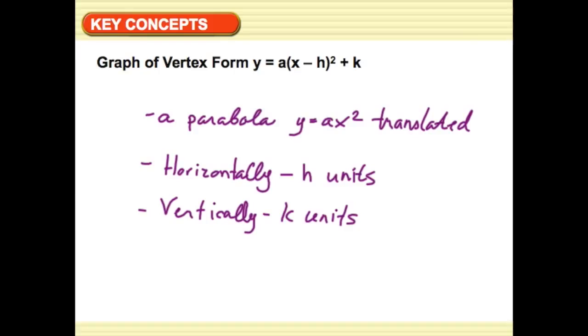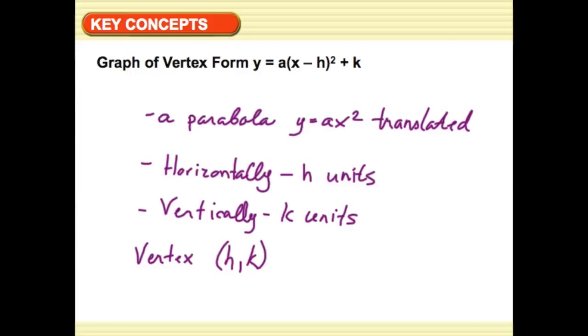There are also some different characteristics for this particular function. The vertex is just at the coordinate point h, comma k. So you no longer have to solve for the vertex, which is really nice and convenient.